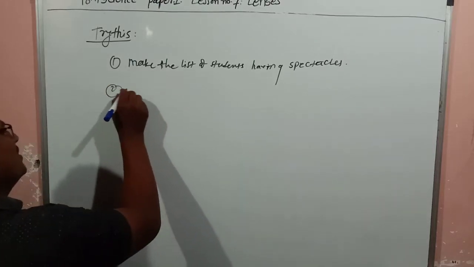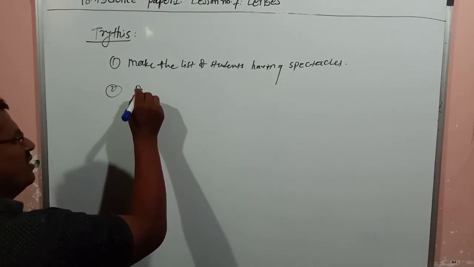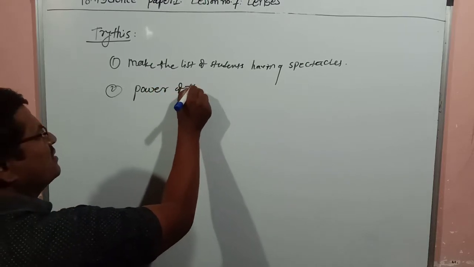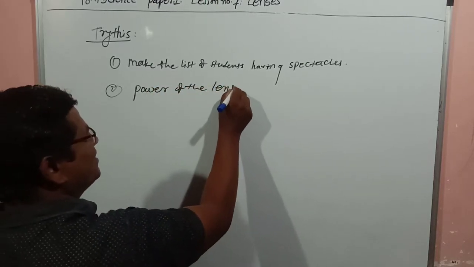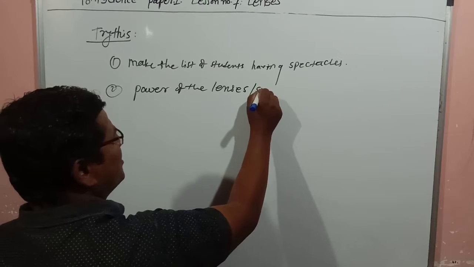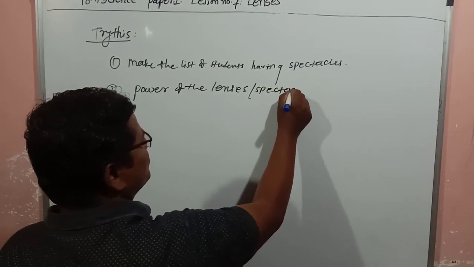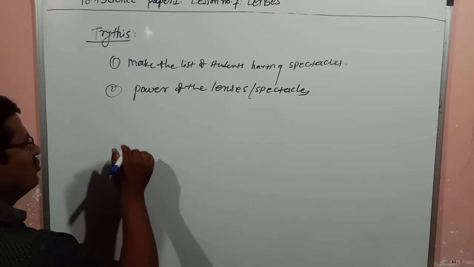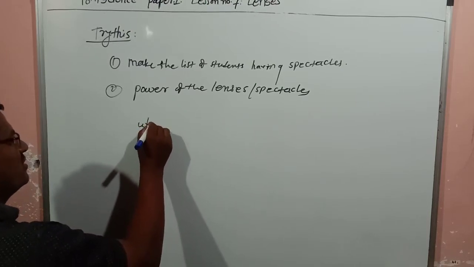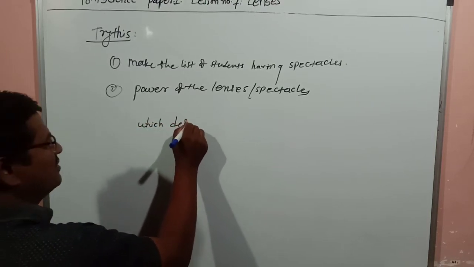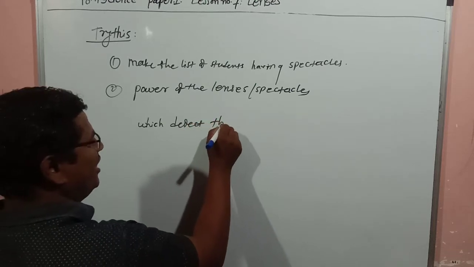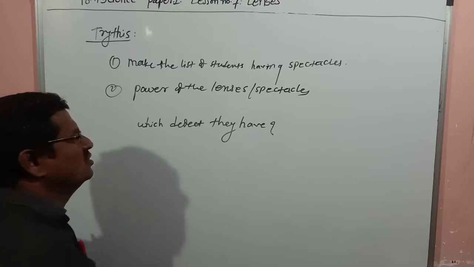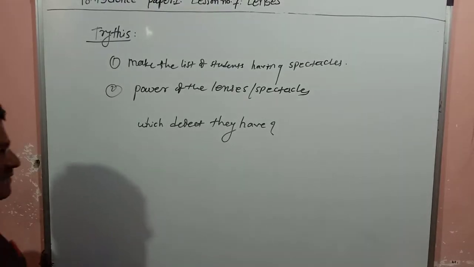Second, you have to measure or record the power of the lenses or spectacles, and from that you have to decide which defect they have. You have to note down which defect they are suffering from.